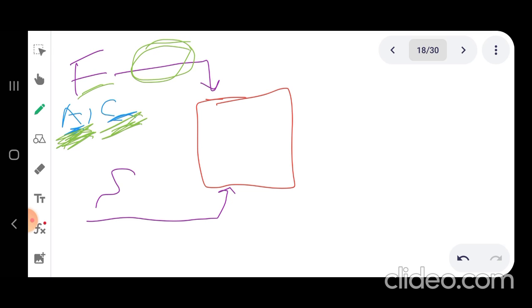Similarly, this solvent stream mainly contains B, which is the solvent, but is it always the case?